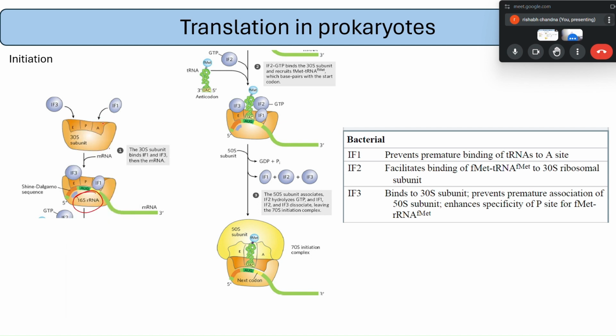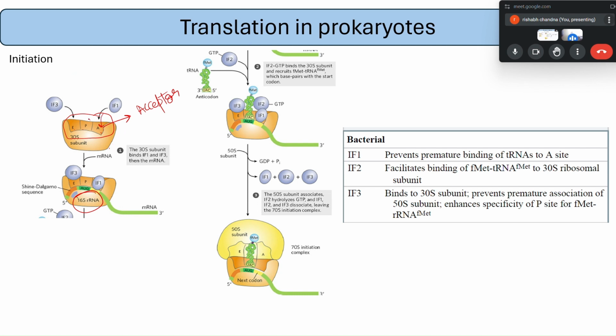Then in the ribosome we have three sites. For simplicity, we have divided the ribosome into three sites: the A site, P site, and E site. So the A site is the acceptor site, where the amino acid tRNA sits on the ribosome.